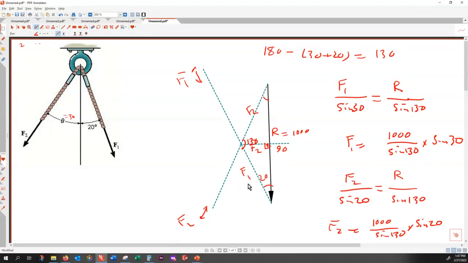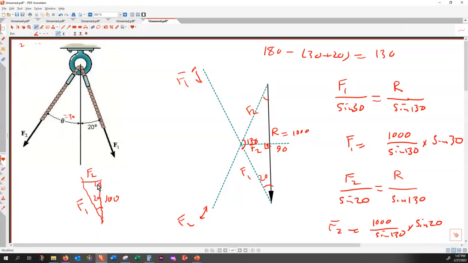So I can now solve the very same triangle to find the minimum F2. This is F2 minimum, that is 1000. And F1 didn't change. F1 is with an angle of 20. And this is now F1. Okay, so let's find out the F1 for which F2 is minimum.